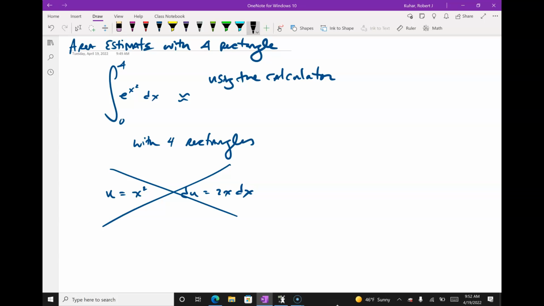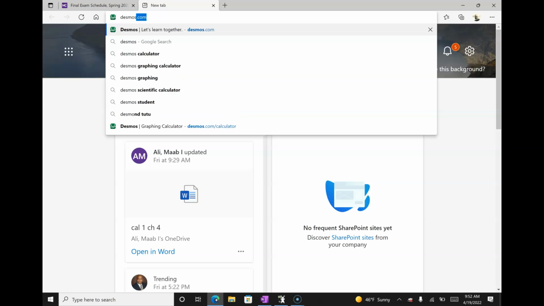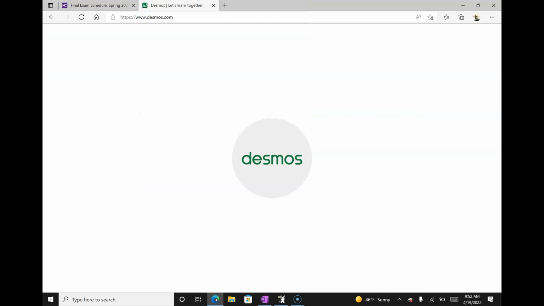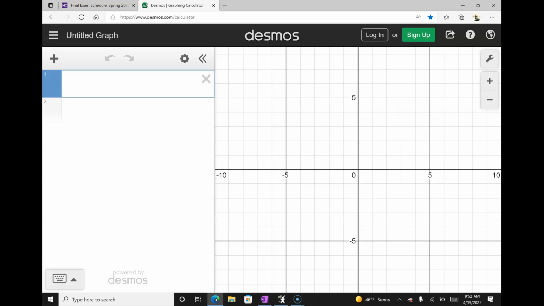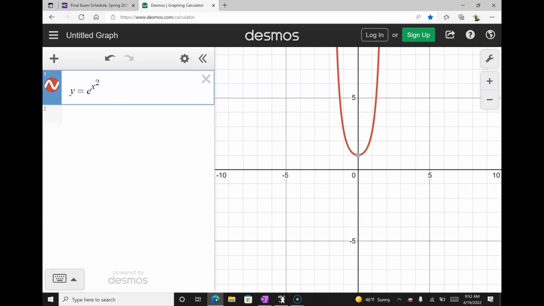But since I'm asking you just to do this, what does this graph look like, by the way? Desmos. I think you know what it looks like, right, kind of like a parabola.